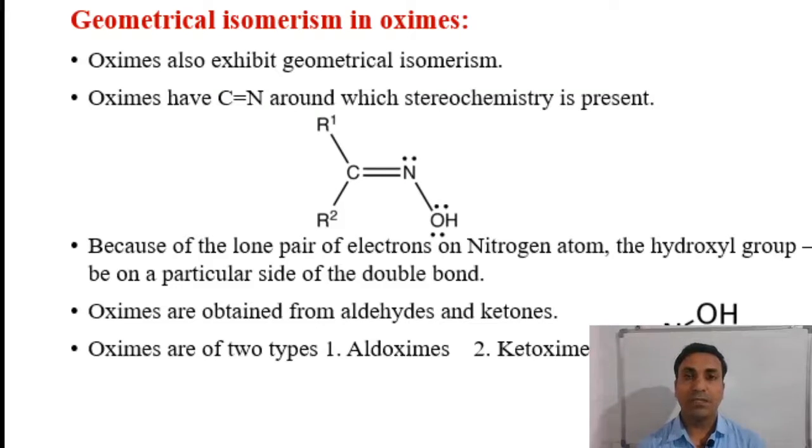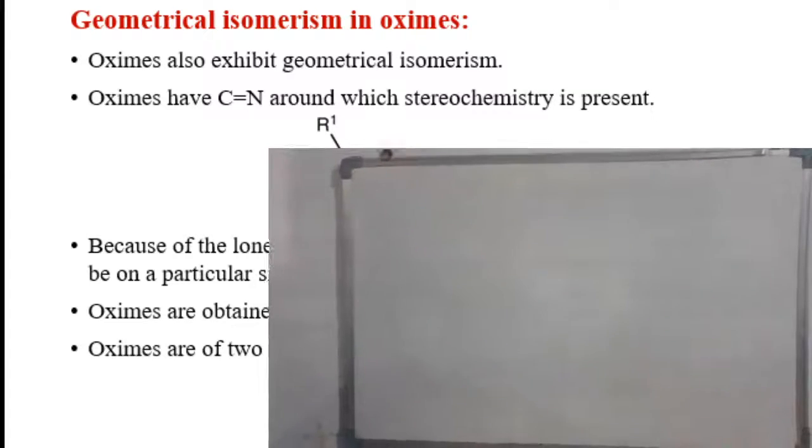These oximes are obtained from aldehydes and ketones. So let's see in short how they are obtained from aldehyde and ketone. We shall see it on the board.